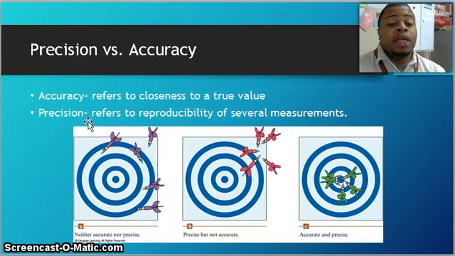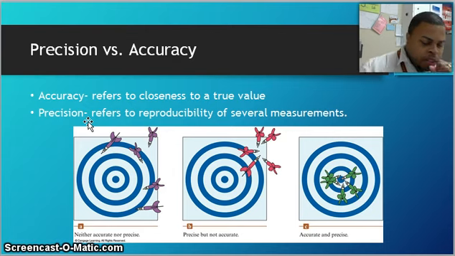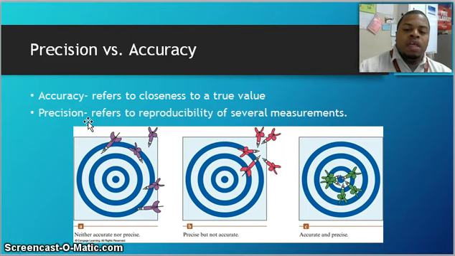Now, this is going to bring into the conversation the thought of accuracy versus precision. Accuracy, of course, is going to refer to the closeness to a true value. If you look here on the bottom of the slide, you notice that if we're playing darts, in the first picture, A, the darts are all over the place, but the goal is what?